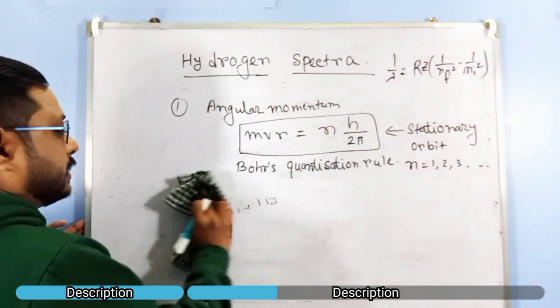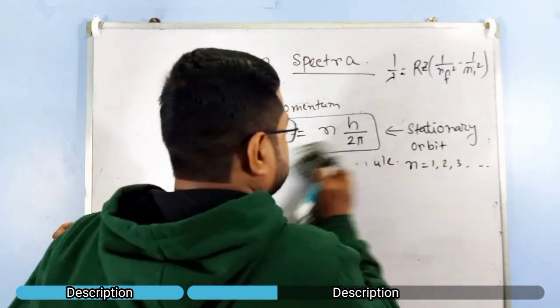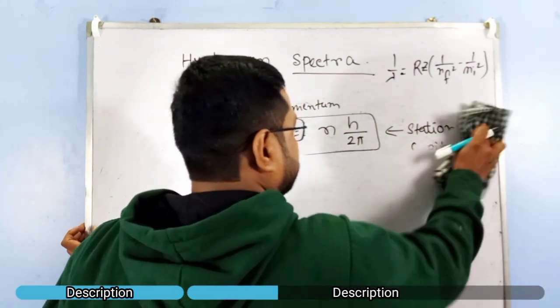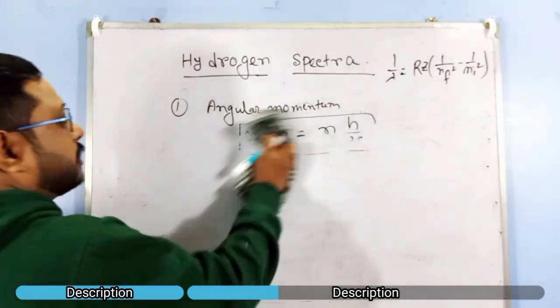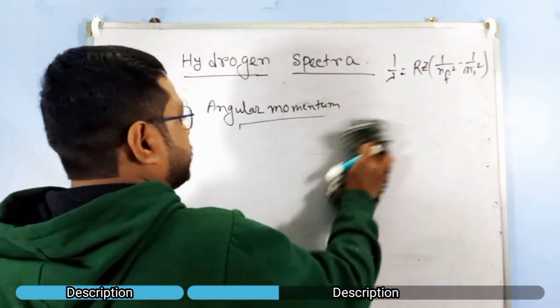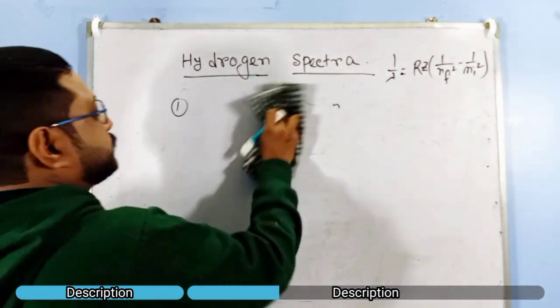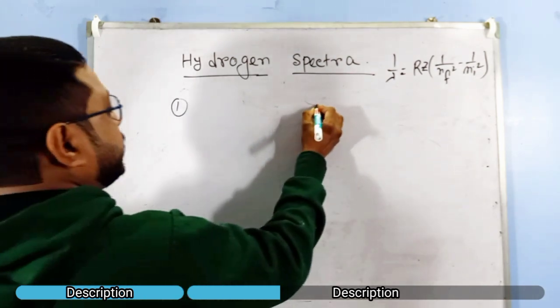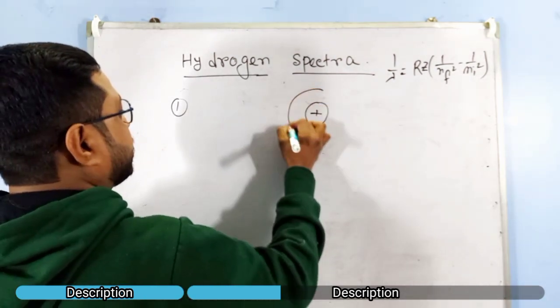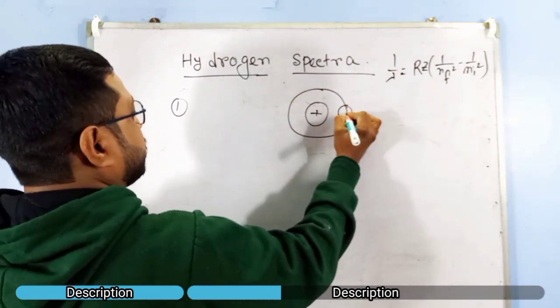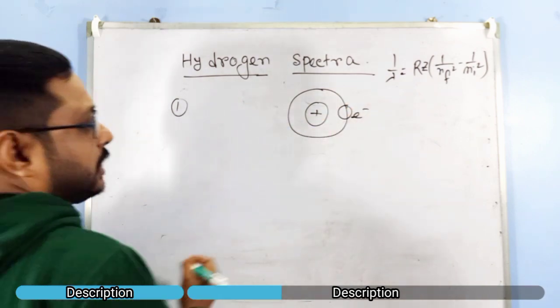Bohr said that the orbit of the electron is circular. Let us assume the electron revolves only in circular orbits. So in circular orbits, the nucleus is at the center and the electron revolves around the nucleus.